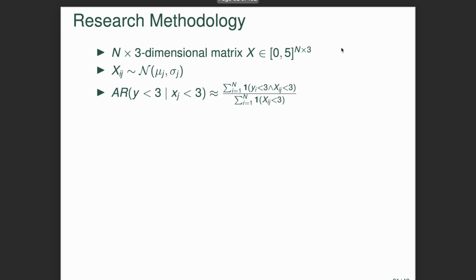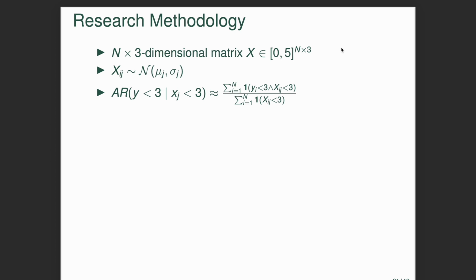The values of the matrix are random numbers drawn from a normal distribution, parameterized by the empirical mean and standard deviation of the grades of each session in our data set. All values are clipped to fall within the valid grade range of 0 to 5.